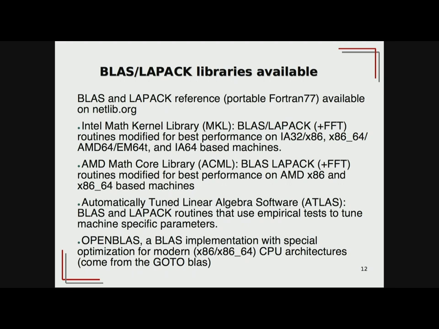At a certain point, we still had a cluster based on Opteron, and we also installed the Intel Math Kernel Library on this cluster, and we saw that for some problems, the Intel Math Kernel Library was even faster than the AMD Math Core Library on the Opteron, on the AMD CPU itself. So they did some really magic tricks there.